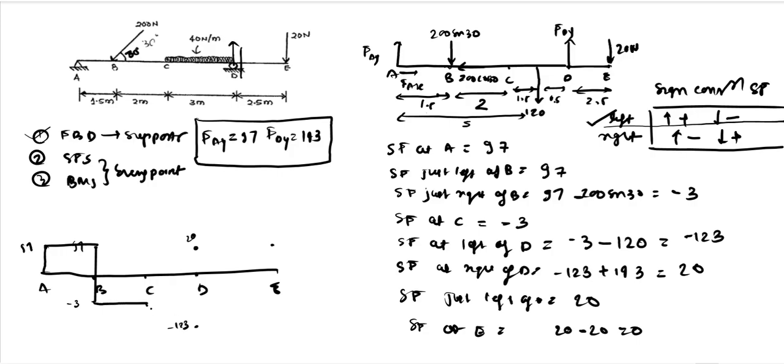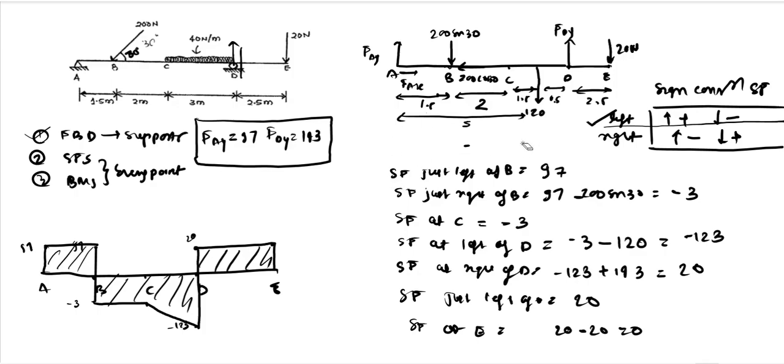And between C and D there is a UDL, so it will vary linearly until minus 123. Just right of D it is positive 20, so it will suddenly jump because of the reaction force at D. And then it will remain constant until it goes to 0. So this is how you can draw your shear force diagram for the particular problem.